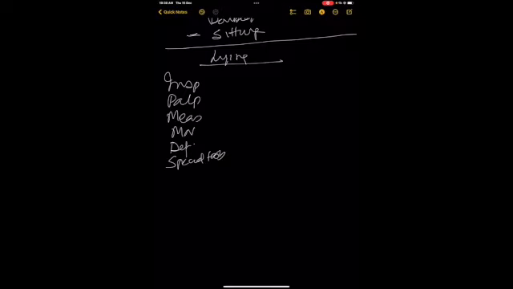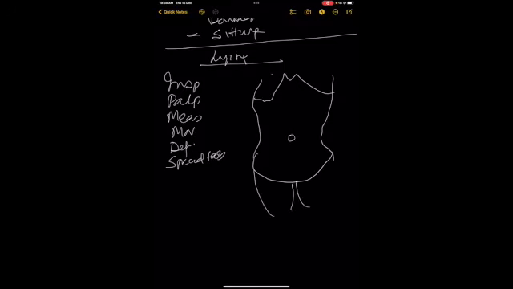So let us begin with inspection, okay? So this is the sternum, this is the spine, this is the abdomen, this is the umbilicus, this is the thigh, this is the knee, and here is the foot.